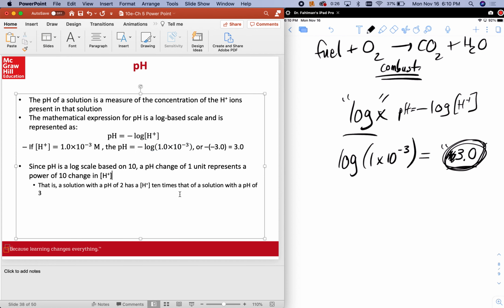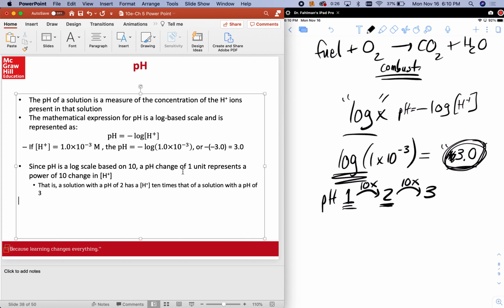What is noteworthy here is that this is a log scale, so a pH of 1 is actually 10 times more acidic than a pH of 2, and that is 10 times more than pH 3.